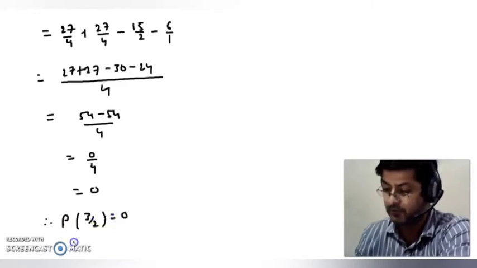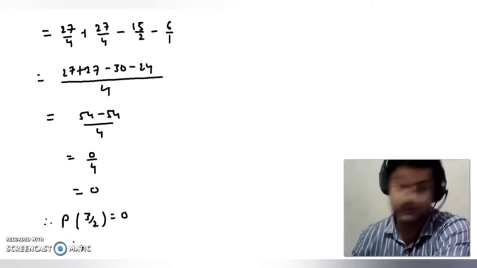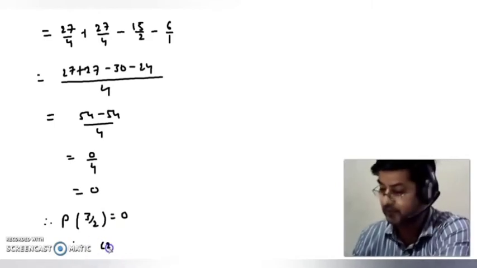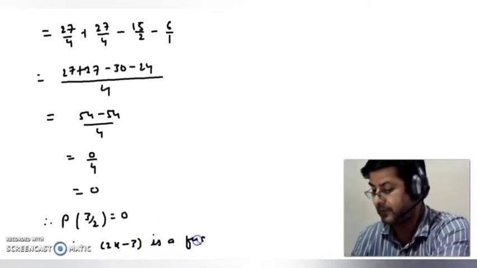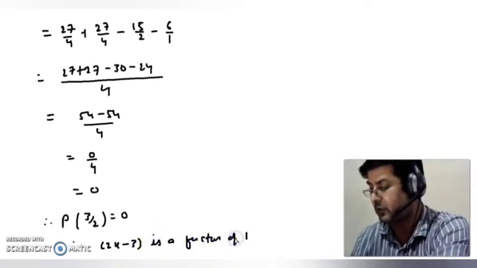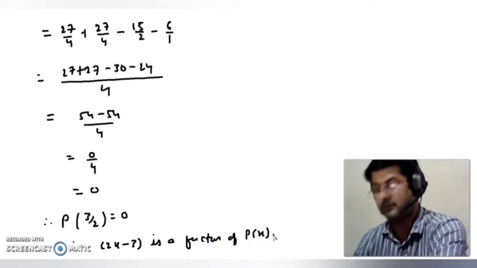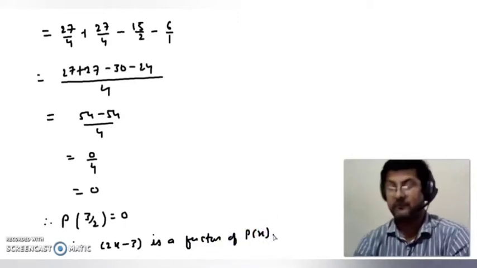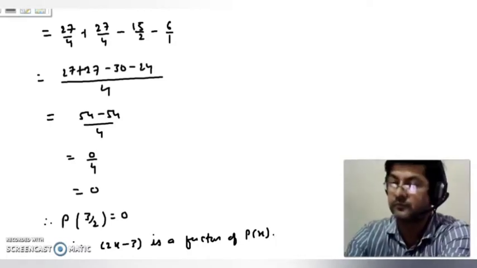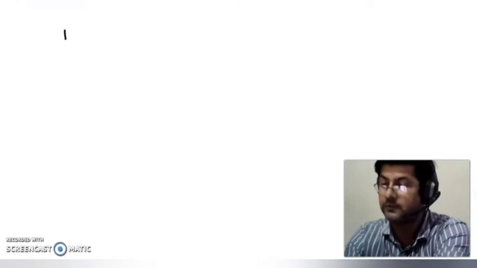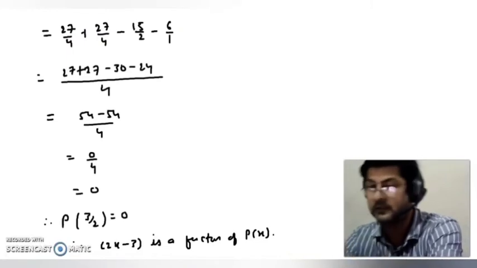is equal to 0, and therefore we can write that 2x minus 3 is a factor of p of x. Okay, now let us factorize the given polynomial p of x. Okay, now let us divide the polynomial p of x.